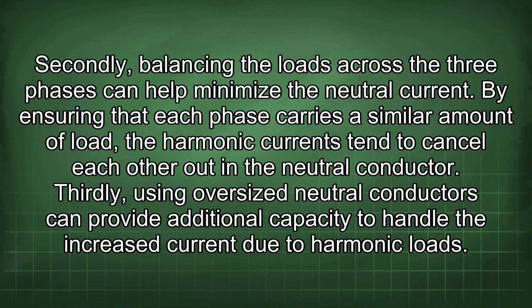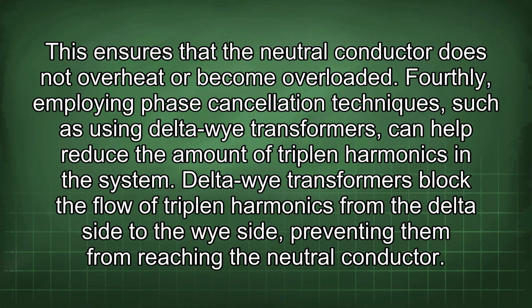By ensuring that each phase carries a similar amount of load, the harmonic currents tend to cancel each other out in the neutral conductor. Thirdly, using oversized neutral conductors can provide additional capacity to handle the increased current due to harmonic loads. This ensures that the neutral conductor does not overheat or become overloaded.